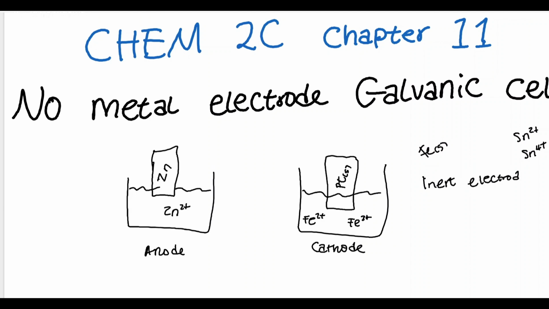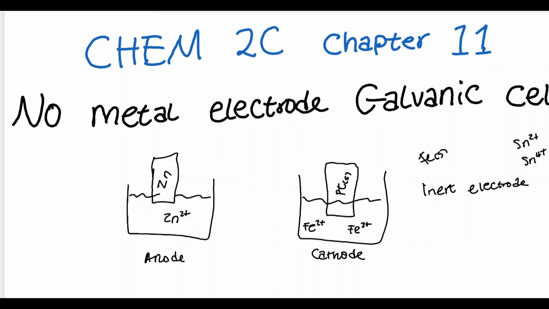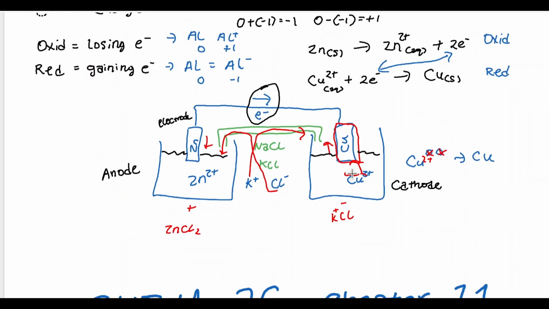Inert electrode, which means, like in this previous one, sorry I keep scrolling up, in this previous one the electron comes in and goes into the solution, then goes into the cation and it becomes solid. So it goes from Cu2+ to Cu.